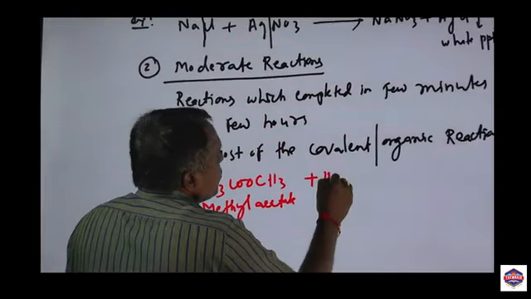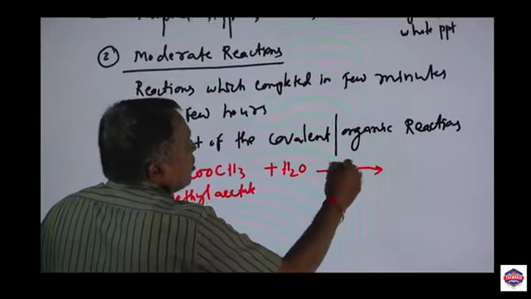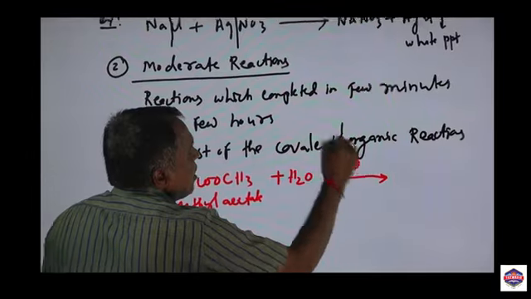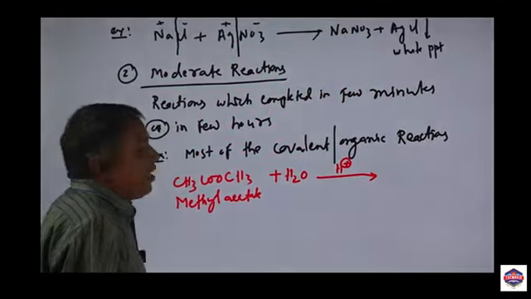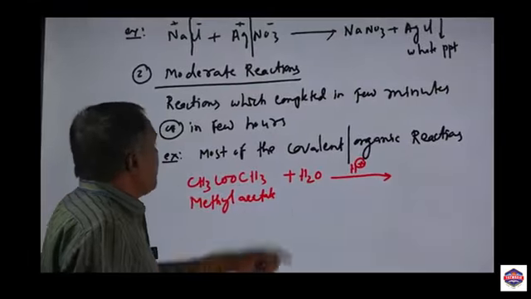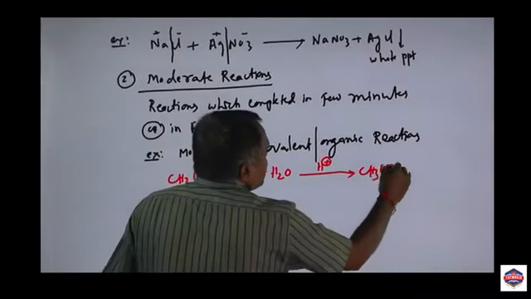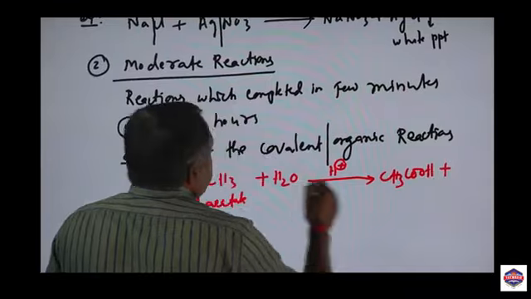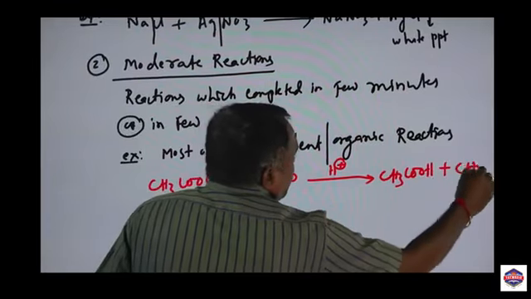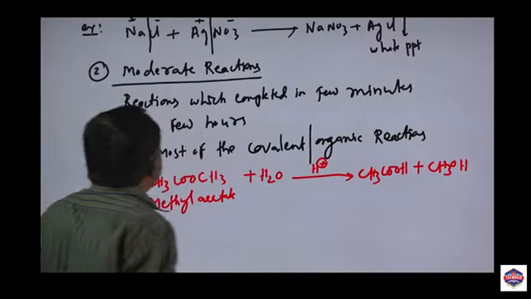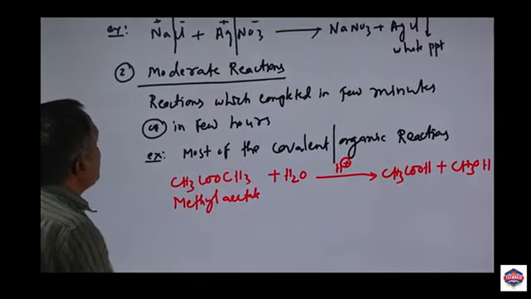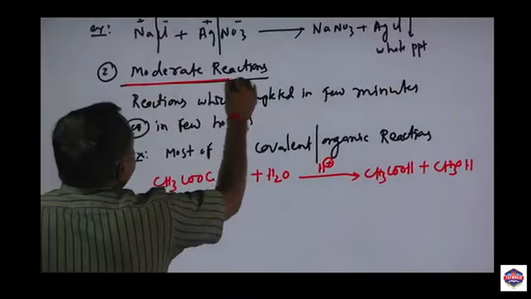Now react it with water in the presence of acid. Acids generally represent H plus. So there is a reaction between these two. You will get acetic acid, CH3COOH, plus CH3OH. So this particular reaction is a moderate reaction. Why is it a moderate reaction?